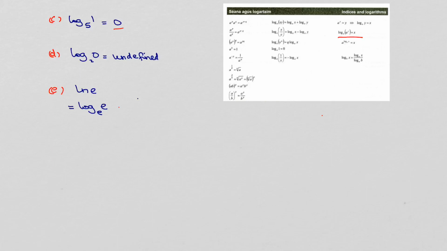Log a to the power of x to the base a is equal to x, because again, if I bring that down, if there's a number raised to the power, that can actually be written as x times log a to the base a, and you can see that that's x times 1, which gives you x. So in other words, this log a to the base a is always 1. So therefore log e to the base e, or natural log of e, is always going to be 1.